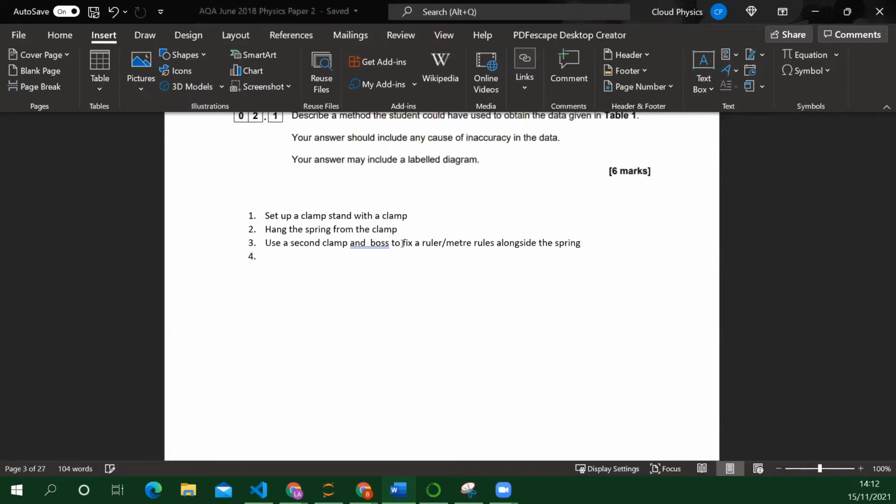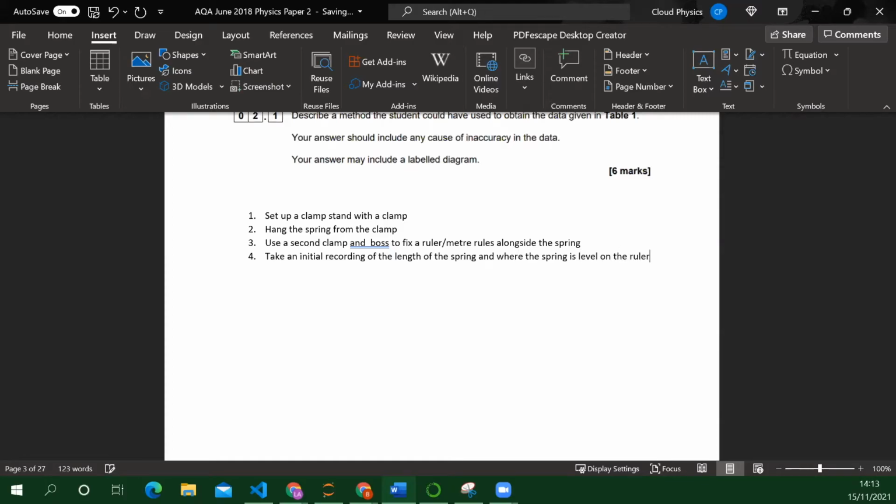So you have to take an initial recording of the length of the spring, and where the spring is level with, the bottom of the spring, on the ruler.